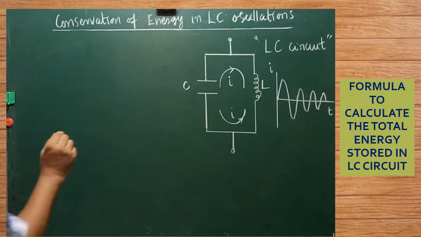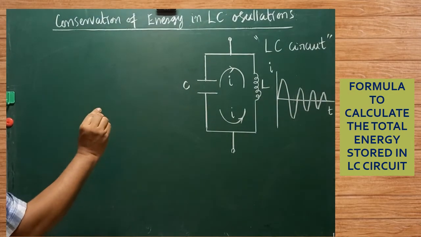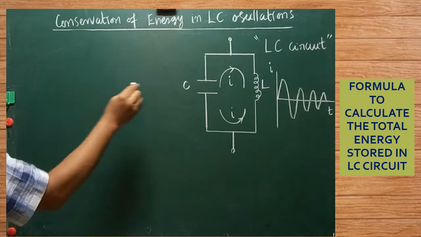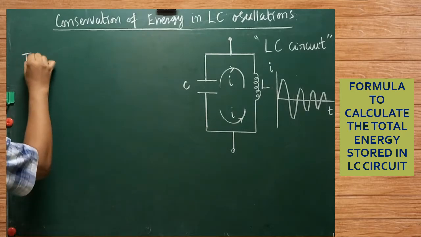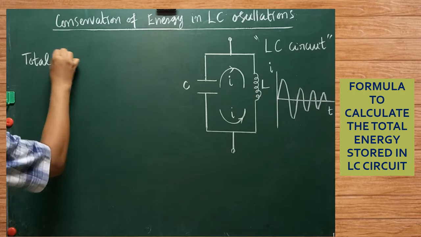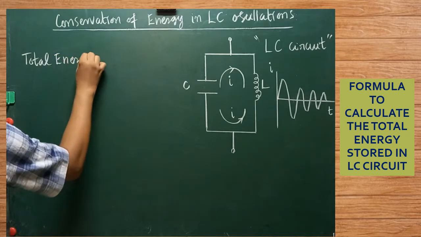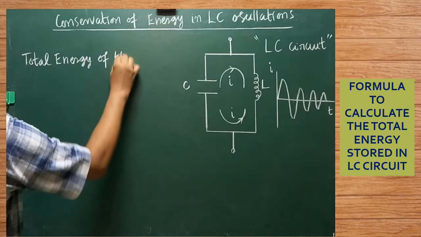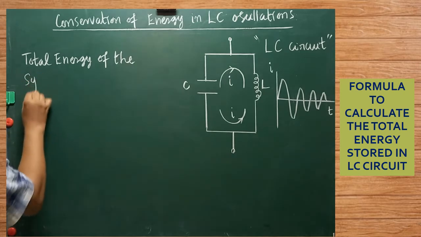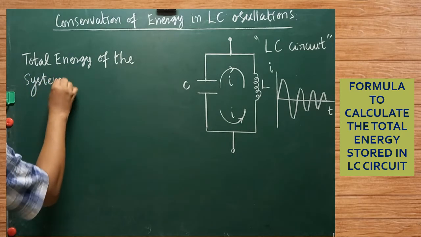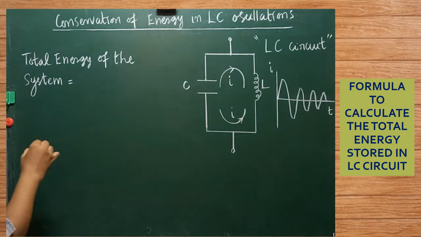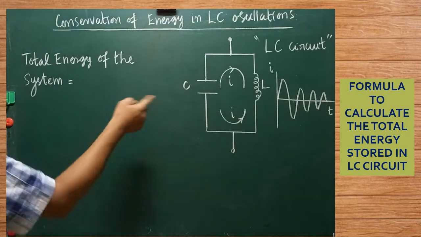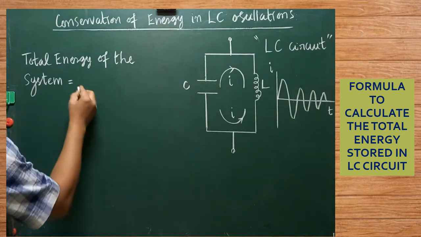Now you should know the formula to calculate the total energy of the system. How to calculate the total energy of the system? Total energy of the system, meaning the LC circuit, can be calculated by adding two kinds of energy stored in the capacitor and inductor.